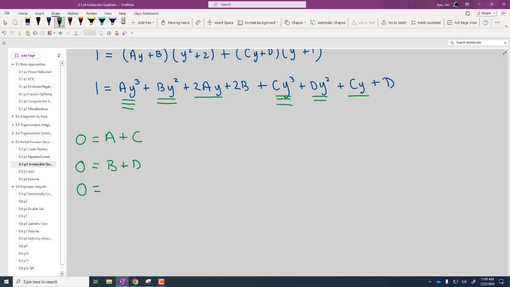And on the right, the linear is 2a plus c. And then we go to constant. The constant on the left is 1. The constant on the right is 2b plus d. So there is our system of equations that we have to solve for a, b, c, and d.